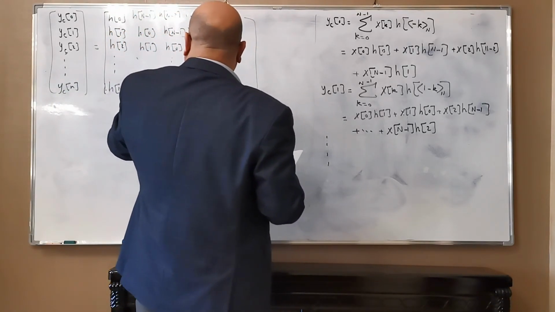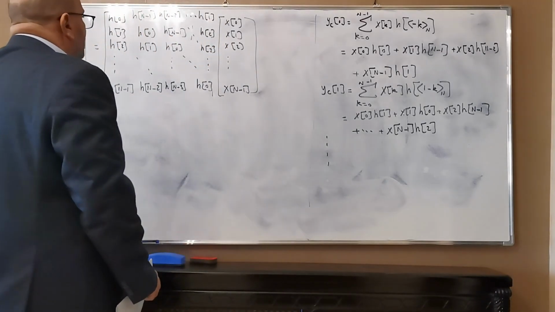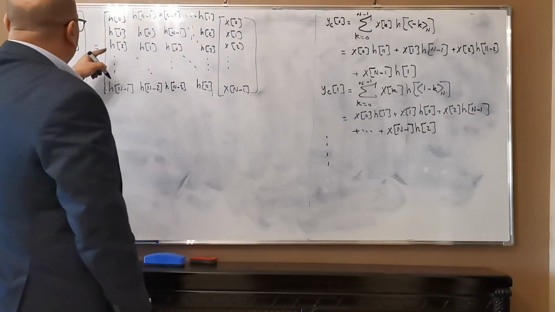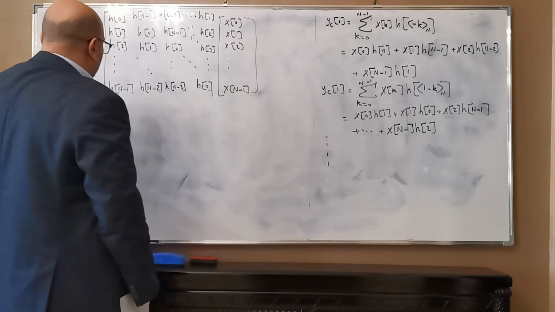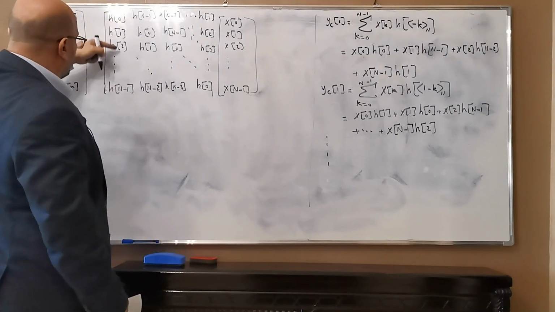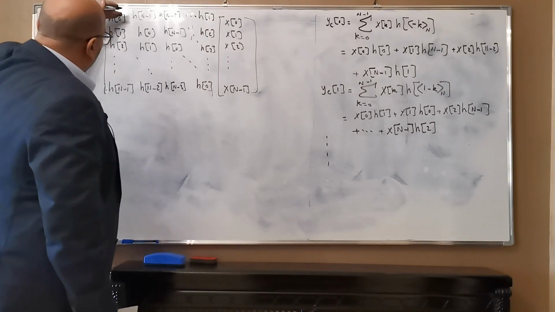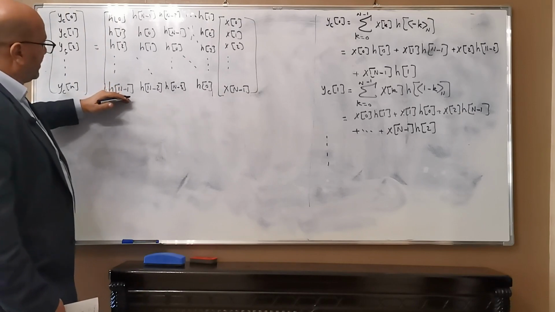So this is the matrix. Actually, this matrix is made of only one vector, which is h of 0 up to h of n minus 1. The first column is h of n.